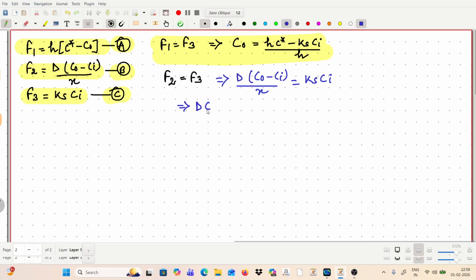D C naught minus D Ci equals Ks Ci X. Then, if we take D common and instead of C naught write (hC star minus Ks Ci) upon h, minus Ci. Can we write?